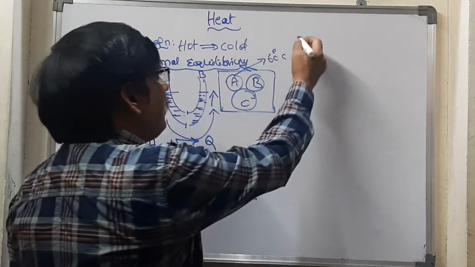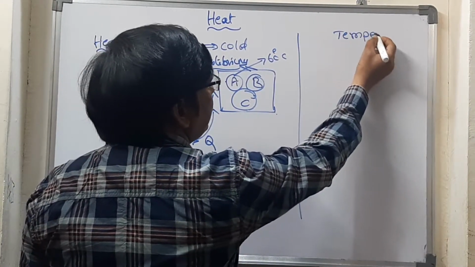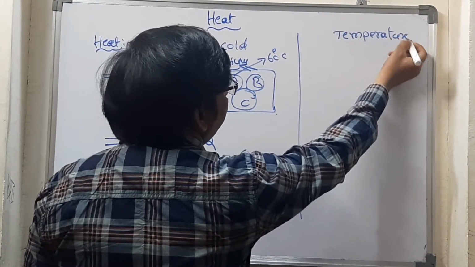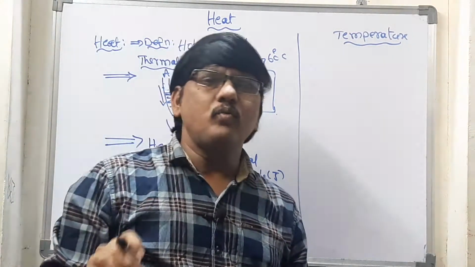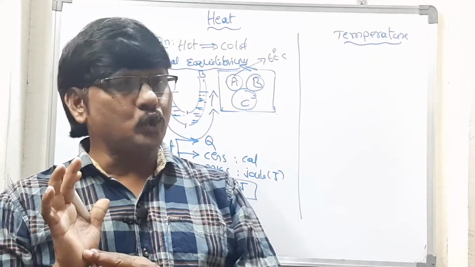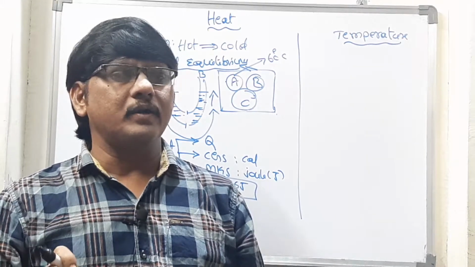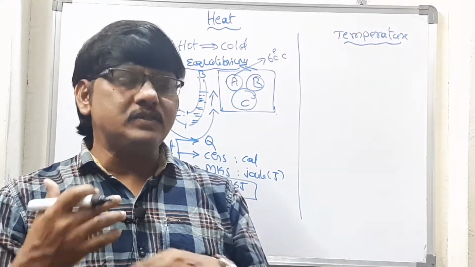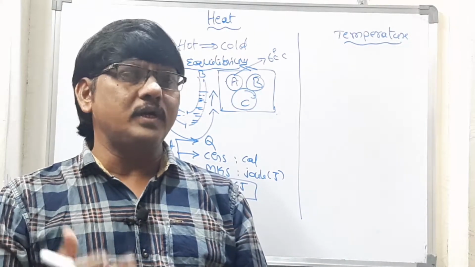Now let's go to the next one, which is temperature. What is meant by temperature? A very simple definition is the degree of hotness or coldness of a body. What does that mean? When we catch ice cubes, we feel it's too cold, whereas when we are sitting in front of a fire, we feel it's too hot. That is the expression of temperature, the degree of hotness or coldness of your body.